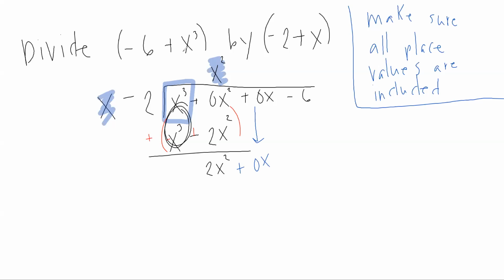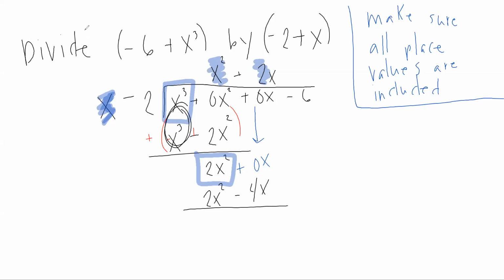Now I'm going to ask myself, x times something is going to give me this 2x squared. Well, 2 times 1 gives me 2, so I can put the 2 in there. And then to get an x squared, I'm going to need another x term. So 2x times x gives me 2x squared. 2x times -2 gives me -4x.